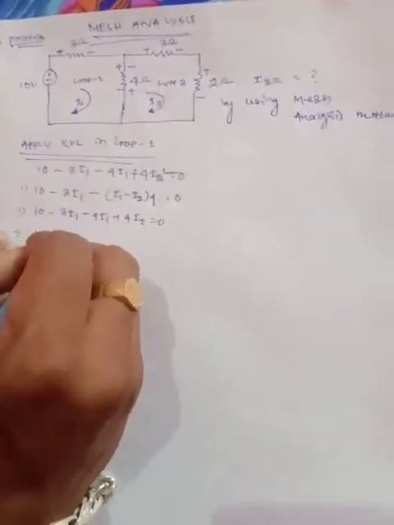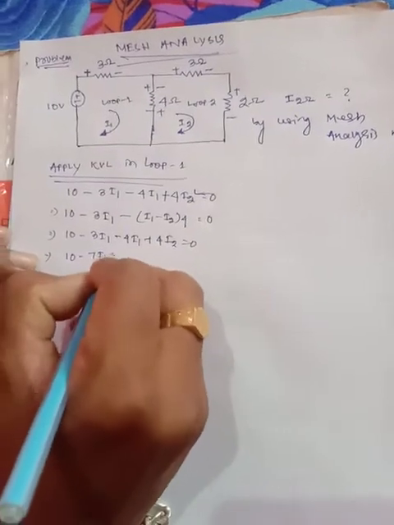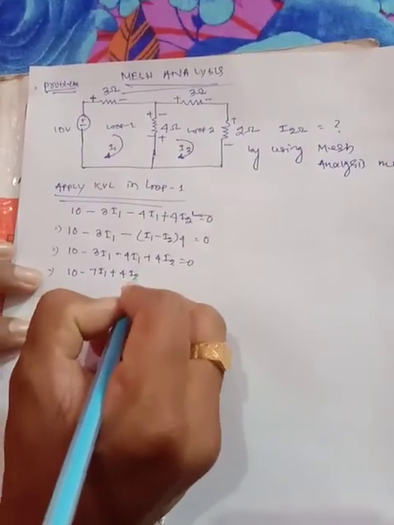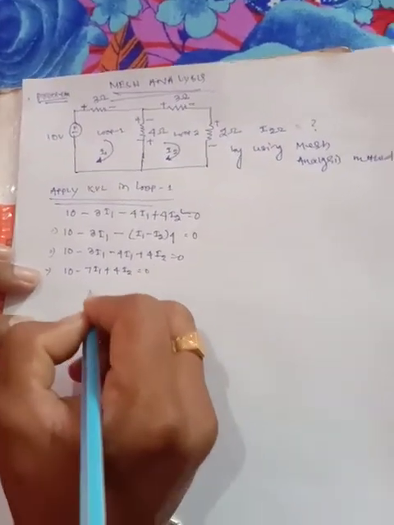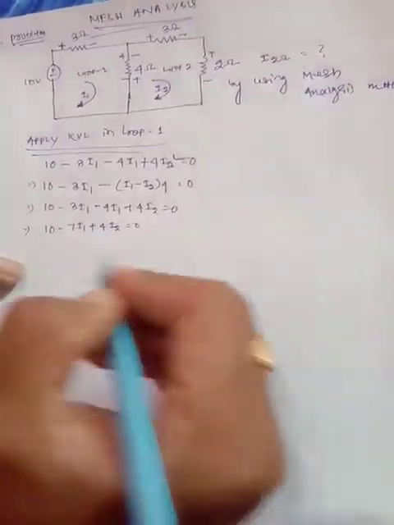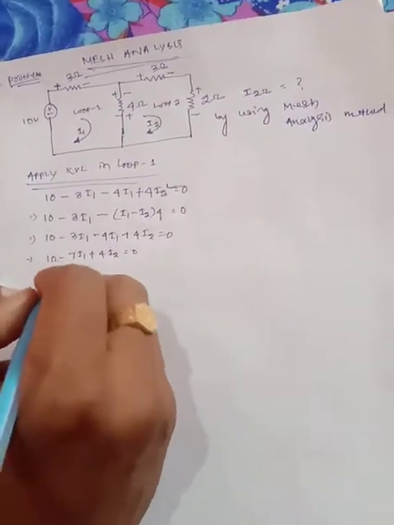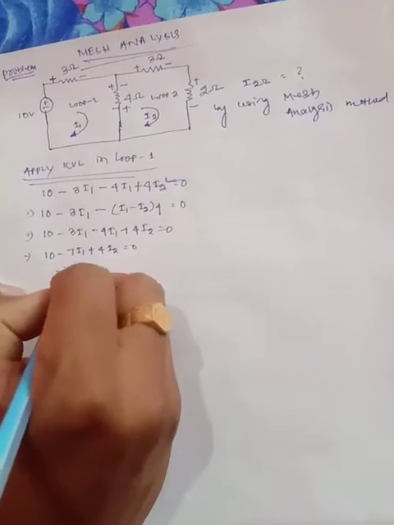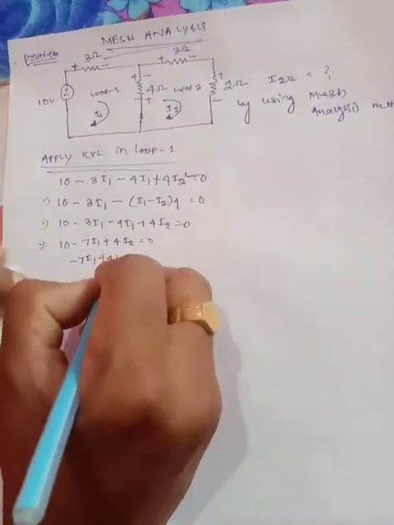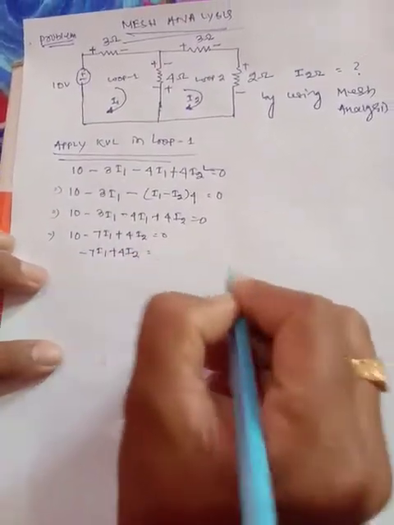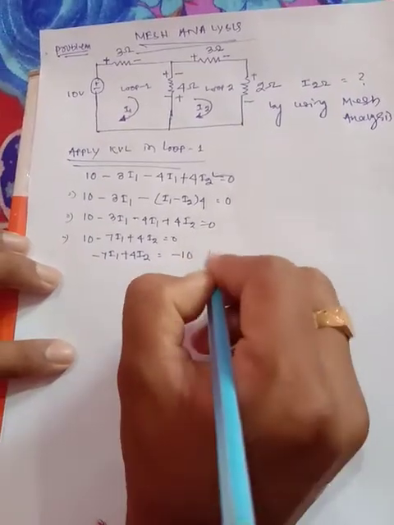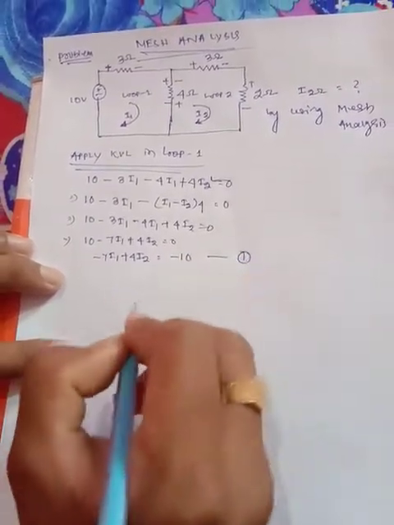So 10 minus 7I1 plus 4I2 equals 0. Moving the constant across, minus 7I1 plus 4I2 equals minus 10. This is equation 1.